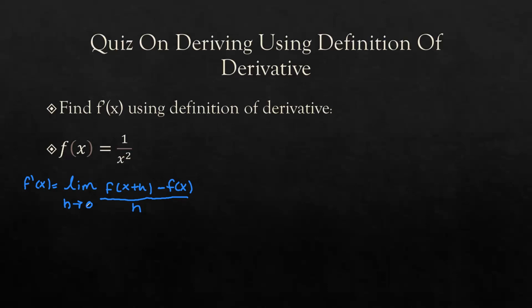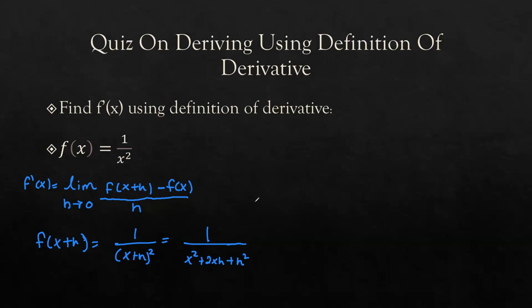So let me find that real quick. All you have to do is replace x with x plus h. So it's 1 over x plus h squared. So that's 1 over x squared plus 2xh plus h squared.